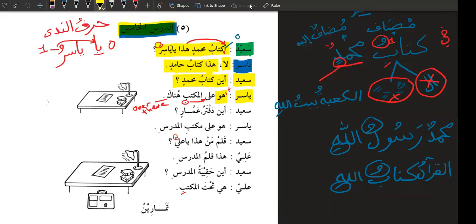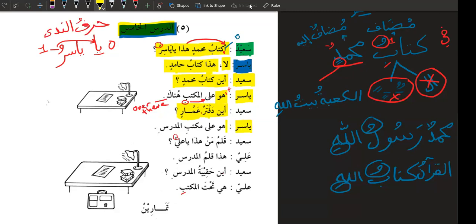So then Sa'id: أين دفتر عمار. So دفتر is مضاف, the possessed. عمار is مضاف إليه, the owner or the possessor. So where is Ammar's notebook?